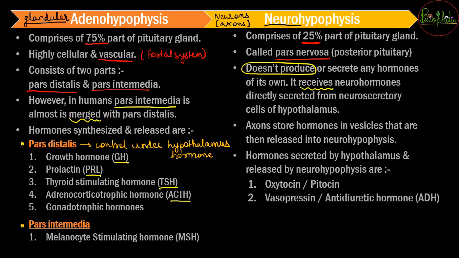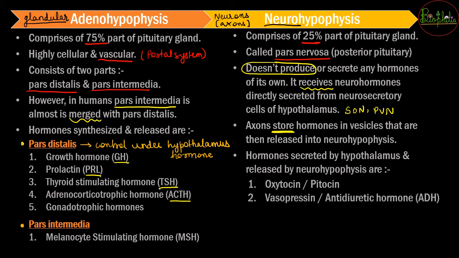From the hypothalamus, two very important nuclei are where these neurons are going to be secreting the hormones. These hormones are stored by the axons in vesicles, and as soon as they are required in the body, they will be released through the neurohypophysis.